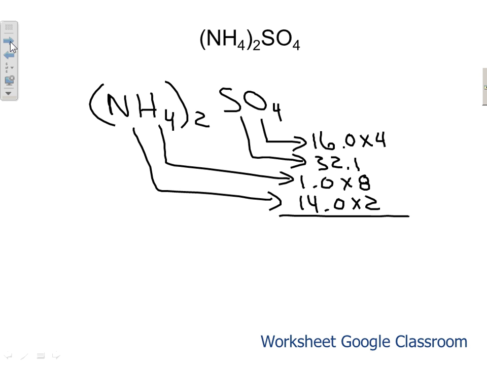And like I said, your calculator will just do this. All you got to do is 16.0 times 4 plus 32.1 plus 1 times 8, or you could have just put 8, plus 14.0 times 2 equals, and the calculator will take care of the work for you.